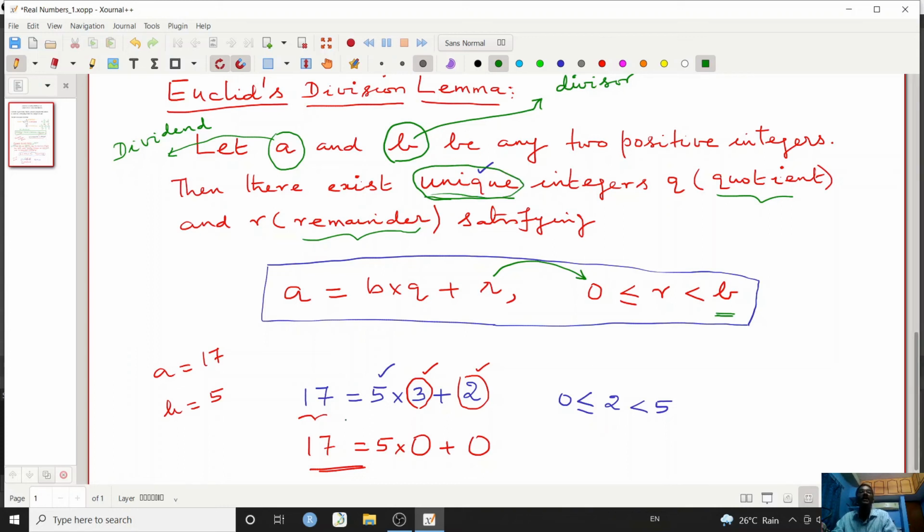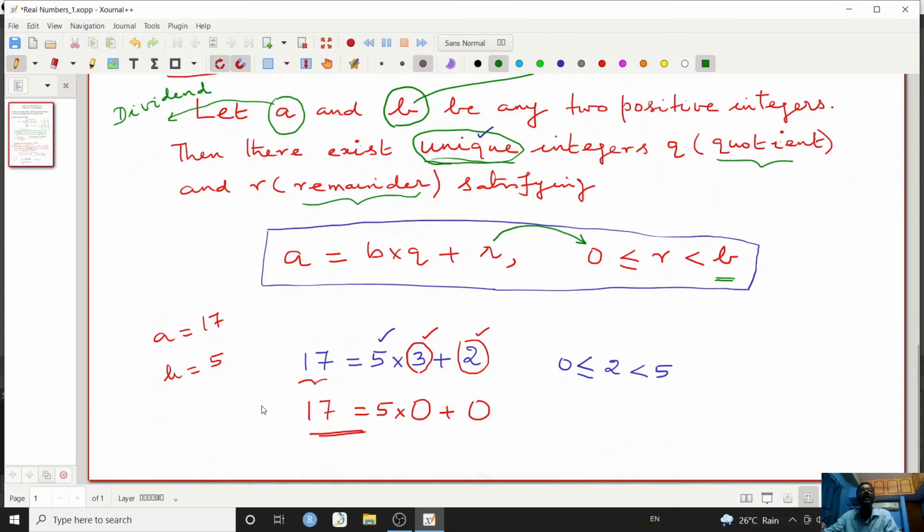That means if your dividend is 17 and your divisor is 5, then your Q must be 3 and R must be 2. And if you want, you can justify with another example. Let us do one more example here.